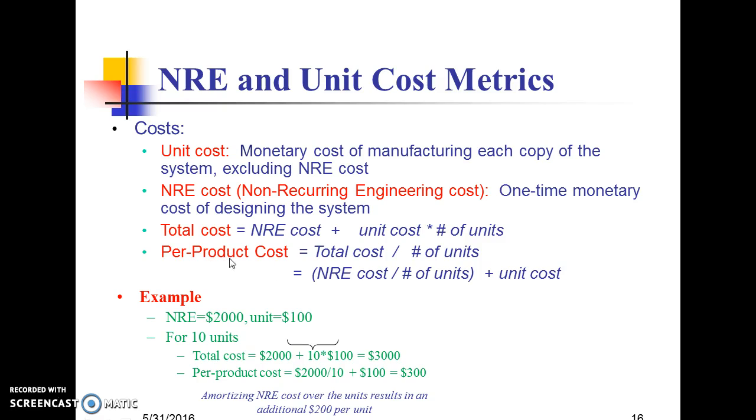For example, if NRE cost is $2,000 and unit cost is $100, then for 10 units, total cost is $2,000 plus 10 into $100, which is $3,000. Per product cost is $2,000 divided by 10 plus $100, equal to $300.